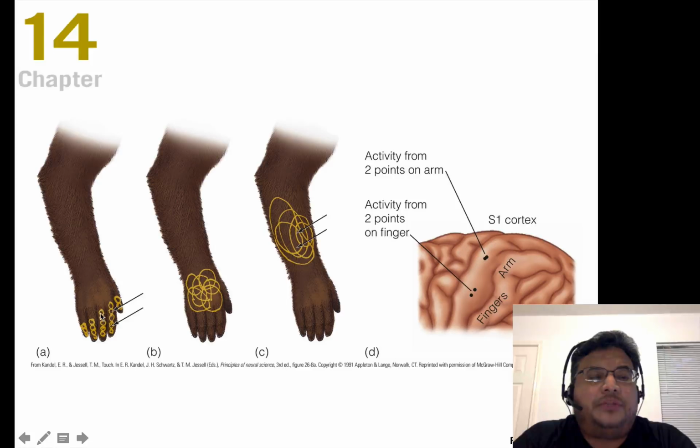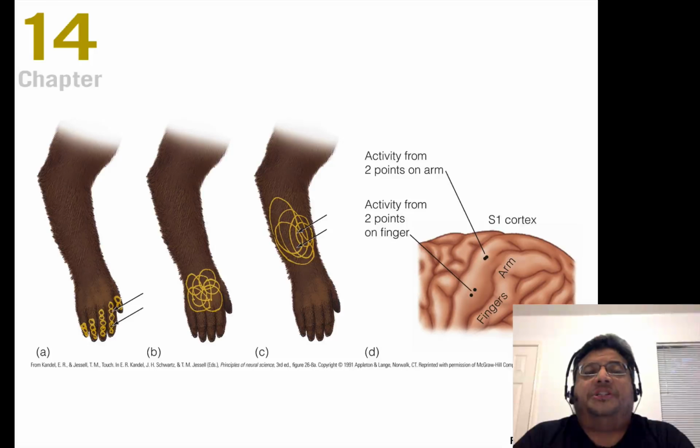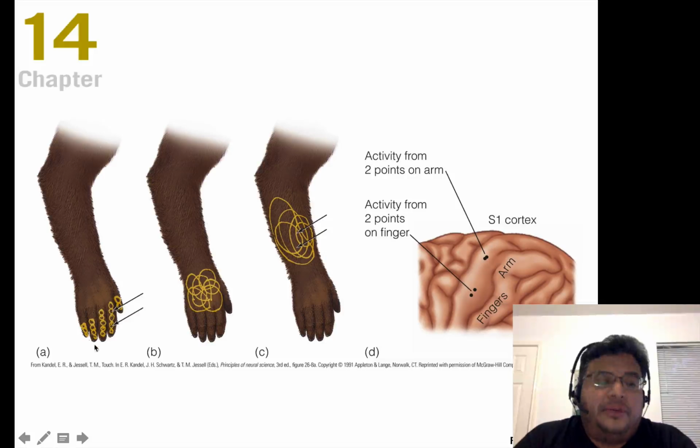Each one of these little receptive fields corresponds to a spot on the cortex. And then notice as we go to the palm and then to the forearm, the receptive fields get larger because they don't have to be that sensitive. So the body doesn't devote as much coverage, as many resources, to cover those areas, because it doesn't have to be that sensitive. But the body does devote a lot of resources, a lot of different receptive fields, to these areas because they have to be very sensitive.